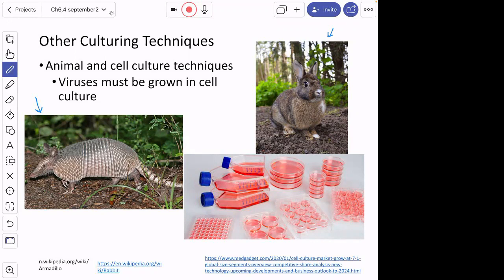And of course, if we want to grow viruses, we have to grow viruses in living cells. So in lab, you streak out a surface, you're not going to get viruses to grow there. Now, we could have a layer of bacteria cells growing, and then add viruses and get some viruses that would grow in bacterial cells.